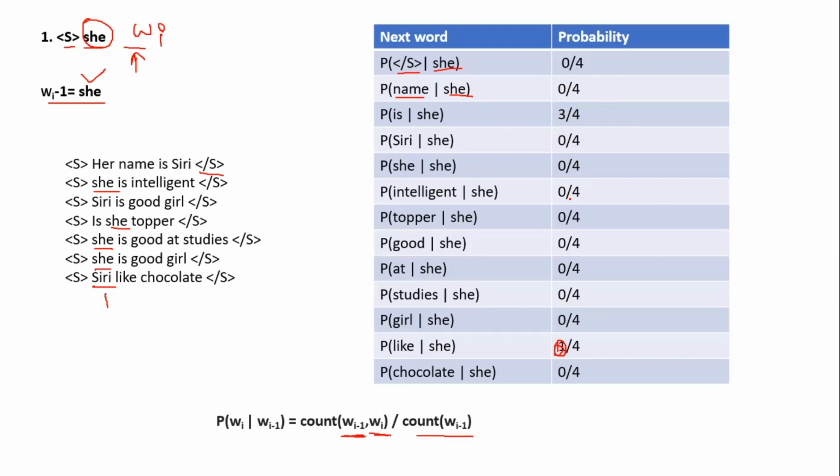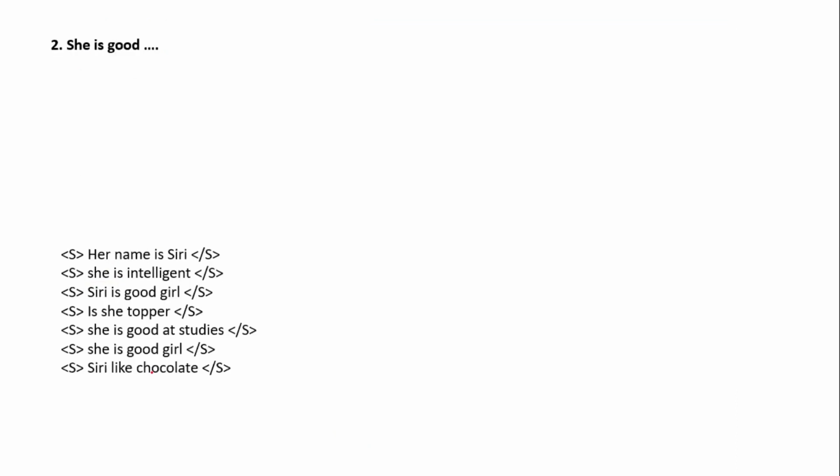All the other sequences have 0, whereas she is has the value 3 by 4. We can say that the next most probable word might be is. It occurred 3 times in the document. In that way, the model will predict the next word: she is good.